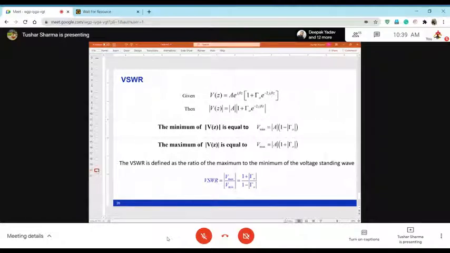And what I am doing is only changing the electrical length of the line. Electrical length is nothing but degrees, like 0 degree, 10 degree, 20 degree, and so on. That is just telling me that my transmission line, as a function of distance, is giving me some electrical length.